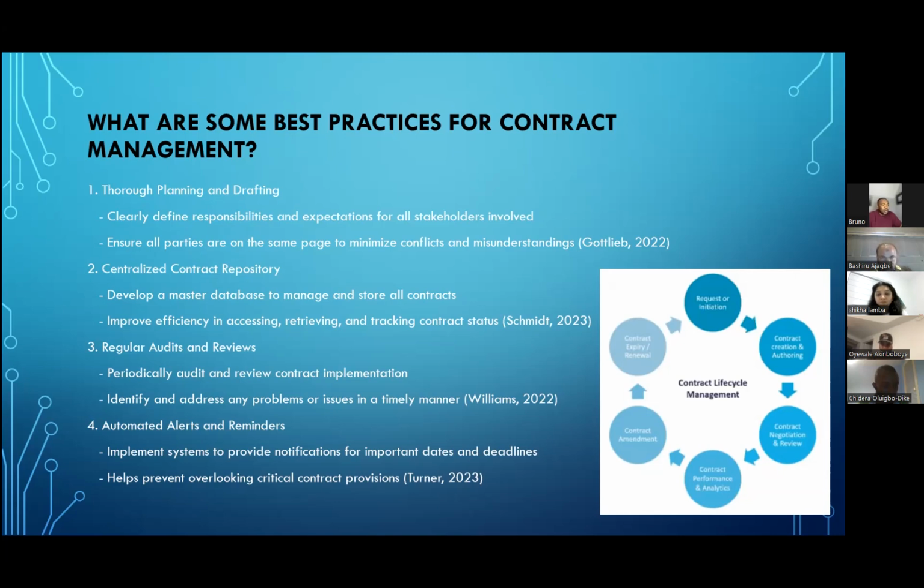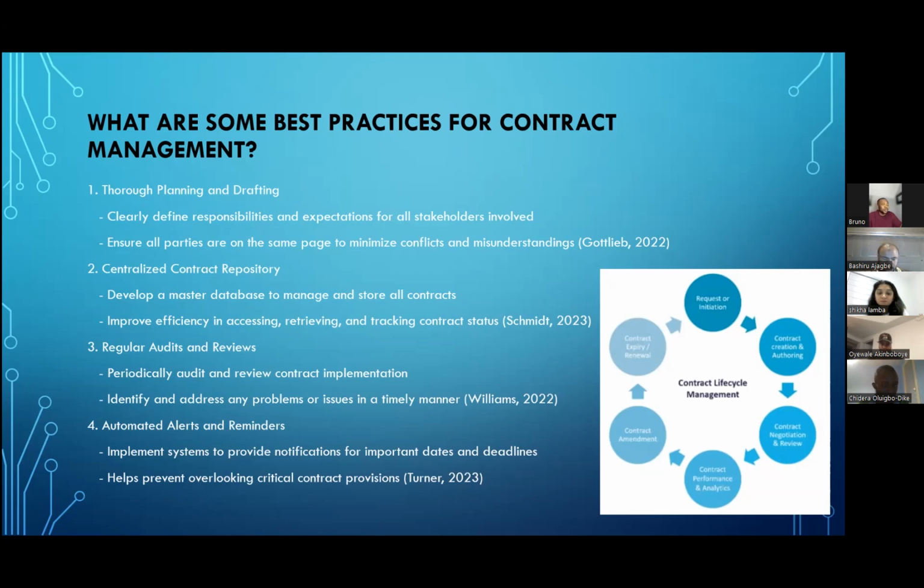Then the third one, regular audits and reviews. It is important to periodically conduct regular audits and reviews of contract implementations.